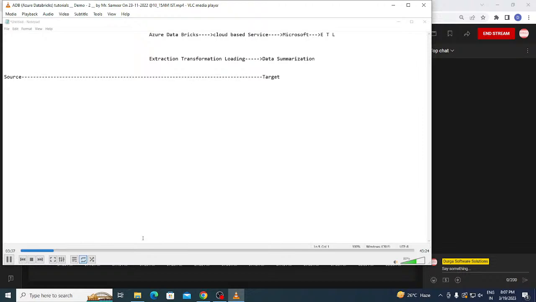A place from where we get the data is called the source of data.